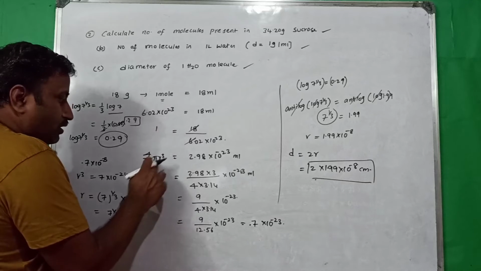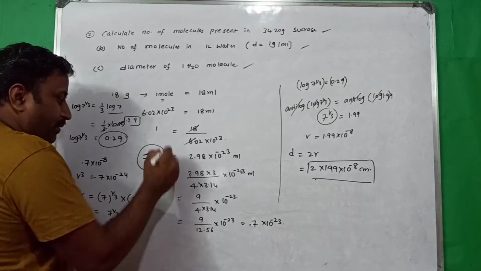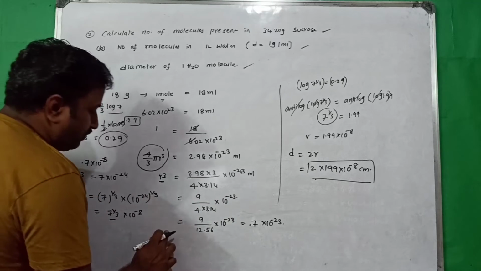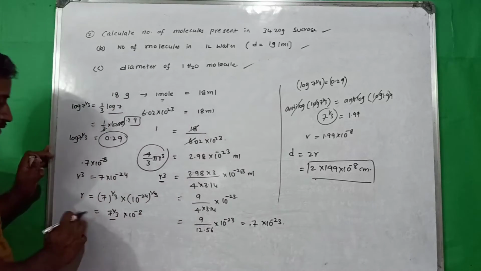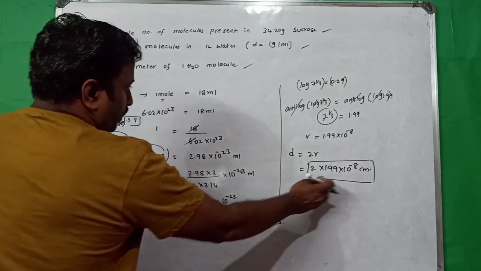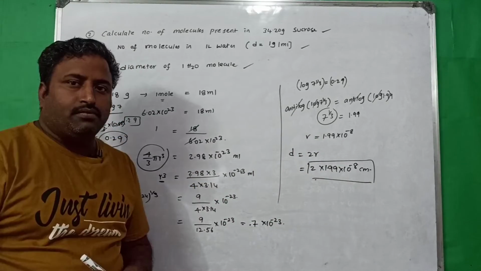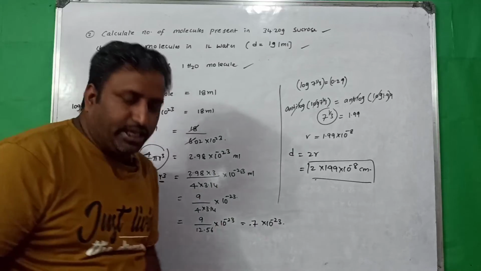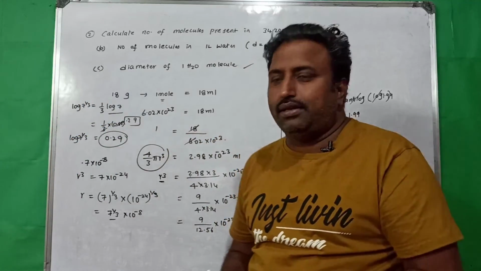Now that is 4/3 pi r cube, the volume of a sphere. Then r cube is equal to this. From this we calculated the r value, and 2 into r we got the diameter. For that log and anti-log calculation, if you want, you can check my video in my playlist.